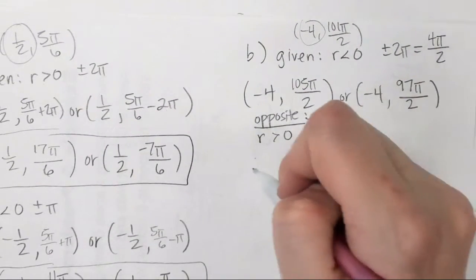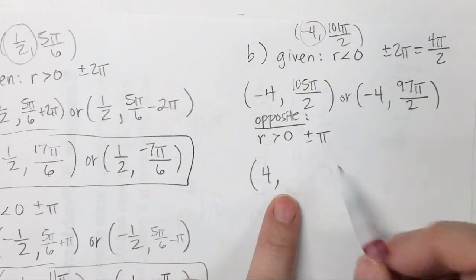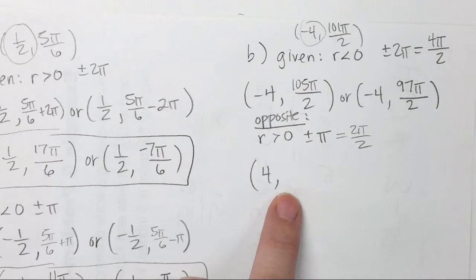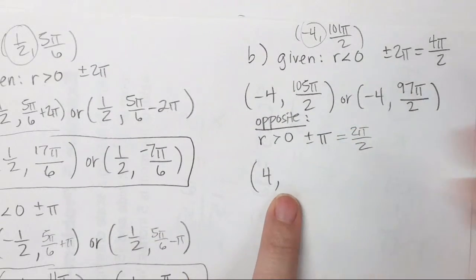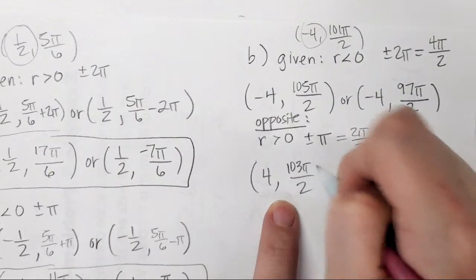So now for this one, when we do the opposite, it'll be +4. If I add and subtract pi, this is like 2 pi over 2. And if you have 101 pi over 2, when you add to it, you're going to get 103 pi over 2.